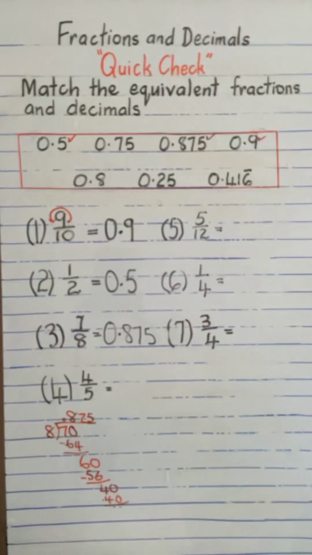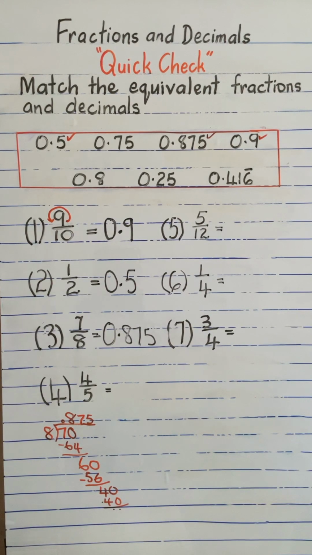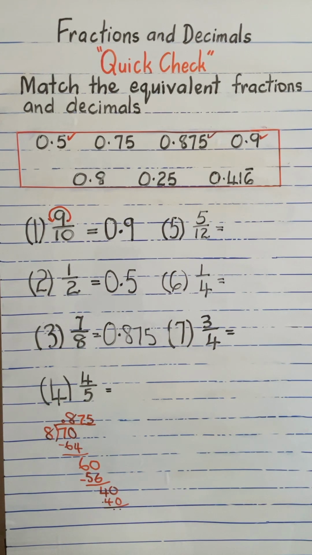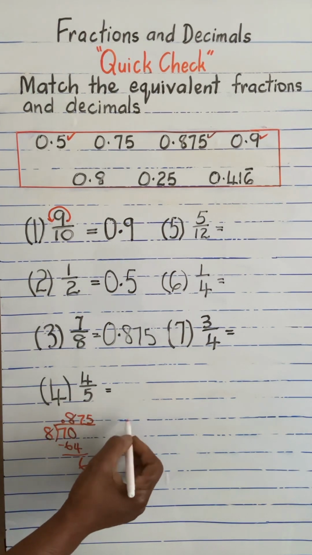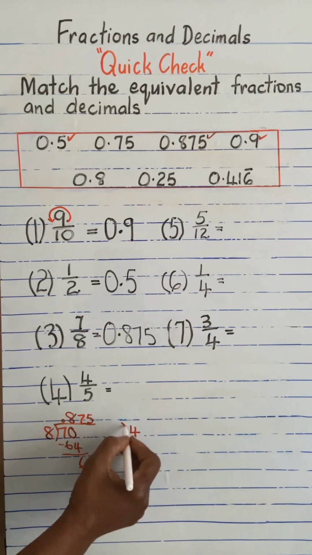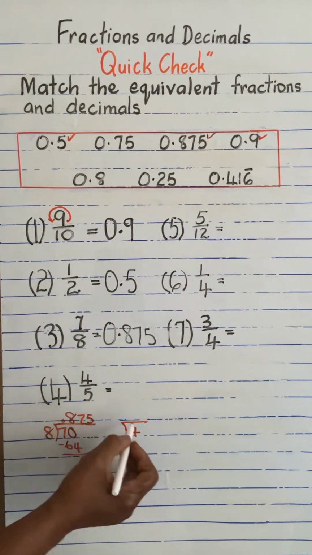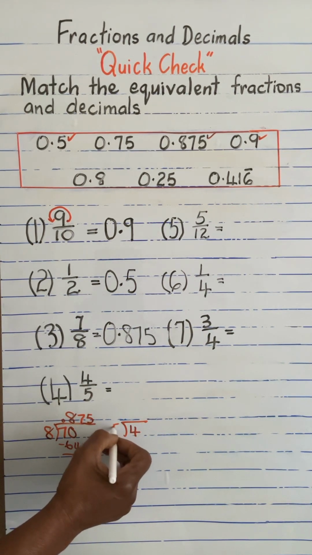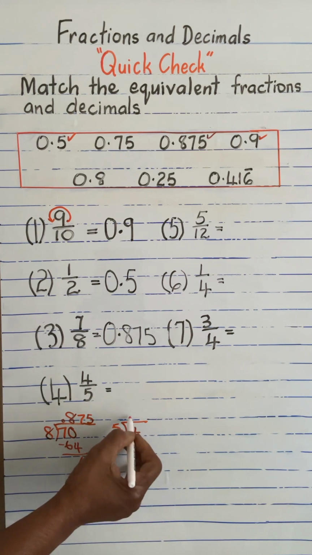Next, we have 4/5, and that is 4 divided by 5. How many times can 5 go into 4? No time.